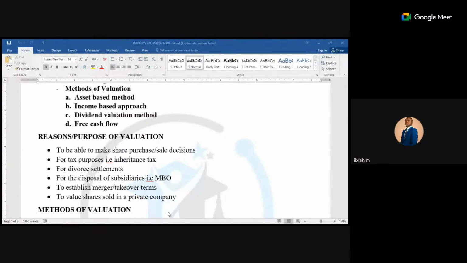Or if you are yet to buy the shares, you look at it that this investment will not be good for an investor. So you value a business because you want to buy shares or sell shares in the stock market. That is one of the reasons or purposes of valuation of a business.